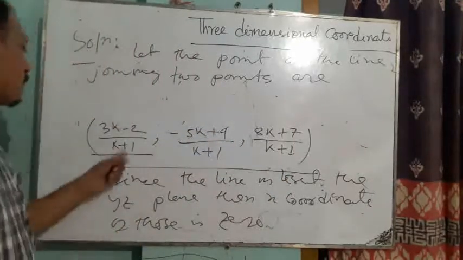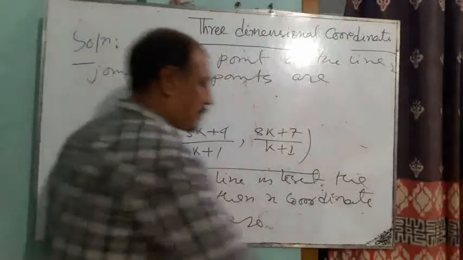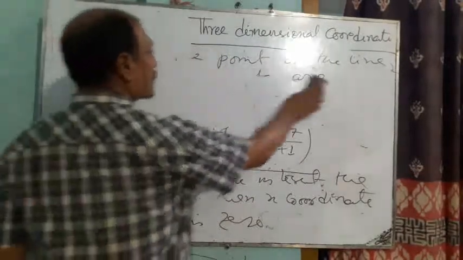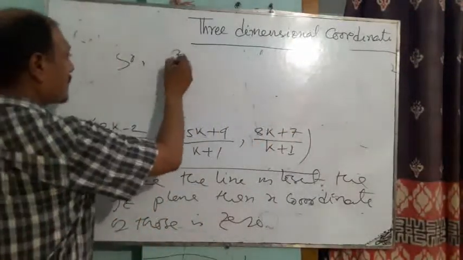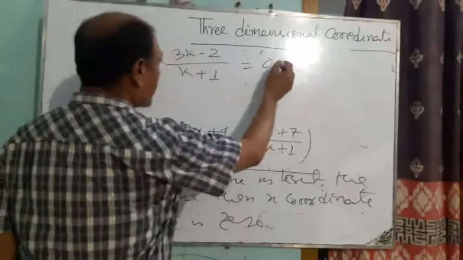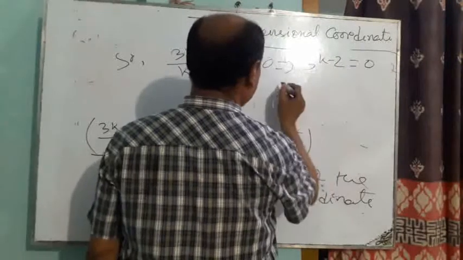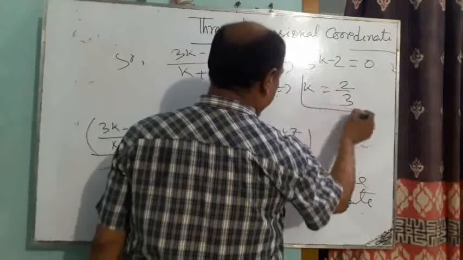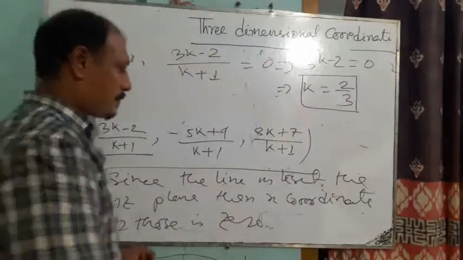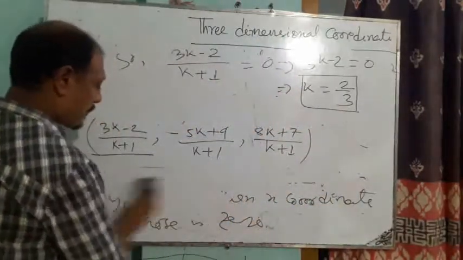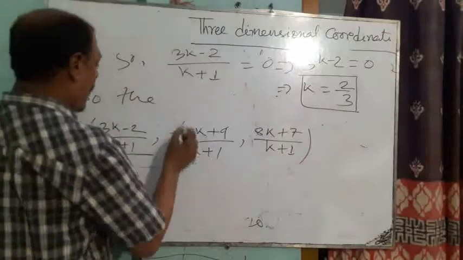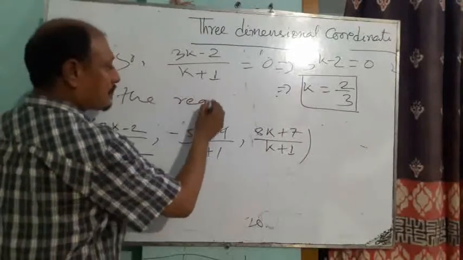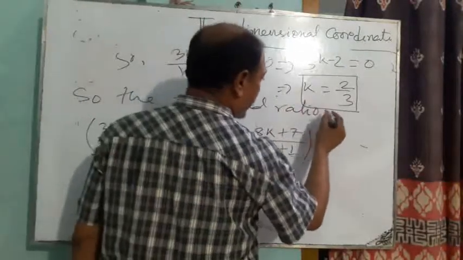That is, (3k minus 2)/(k plus 1) is equal to 0, so 3k minus 2 equal to 0, which implies that k equals 2/3. So the required ratio is 2:3.